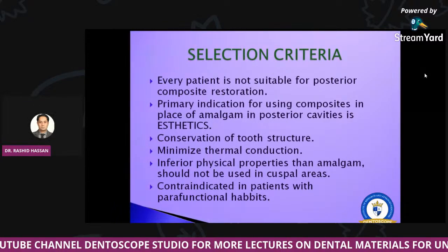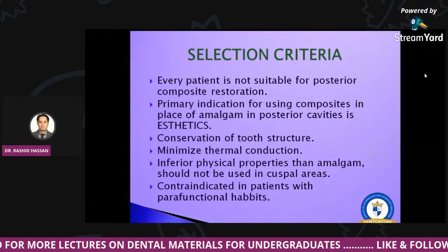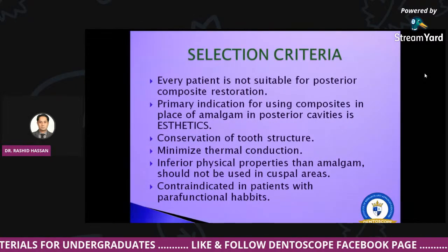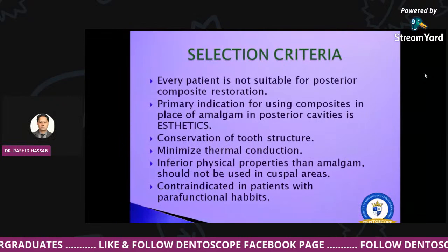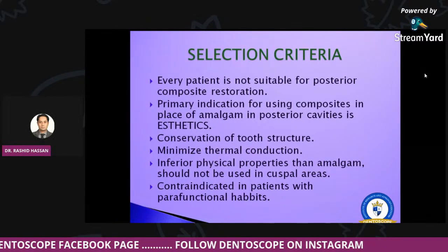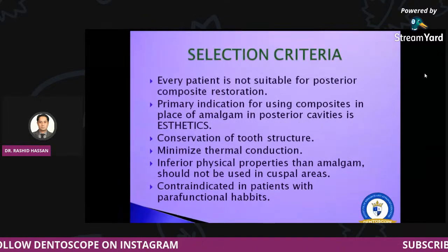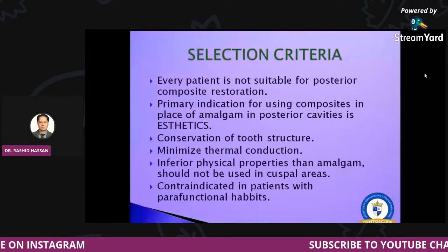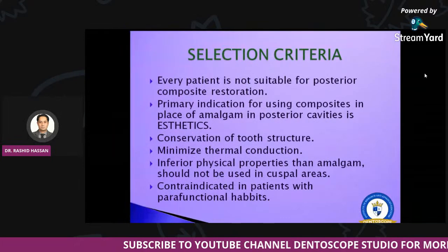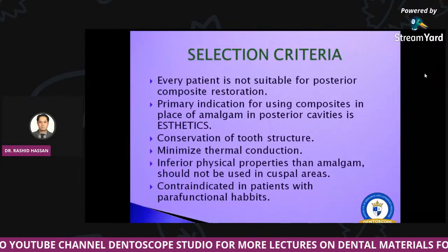Now, coming to the third point, which is conservation of tooth structure. When you study cavity designs, you will come to know that if you want to do a dental amalgam filling, you have to make certain designs. As I mentioned at the start, GB Black's classification shows different designs of cavity.